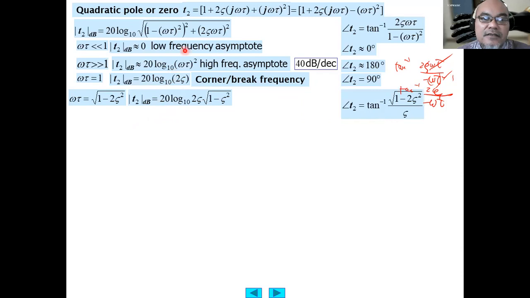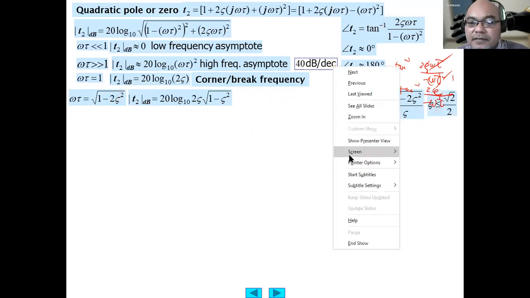Then the decibel value will be 20 log of 2 zeta times the square root of 1 minus zeta squared. And the phase angle will be the arctangent of the square root of 1 minus 2 zeta squared divided by zeta, because now omega tau is replaced by this. Let's do this first.